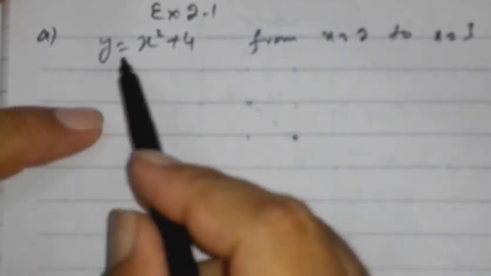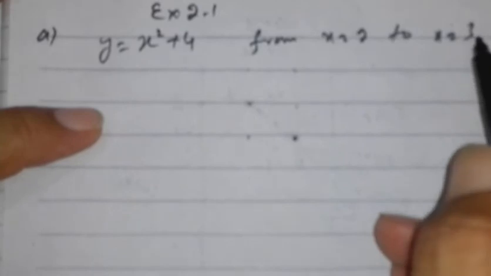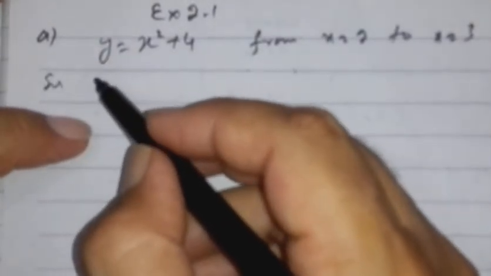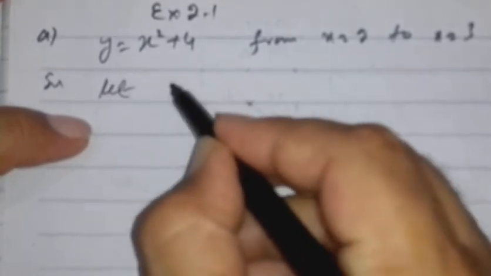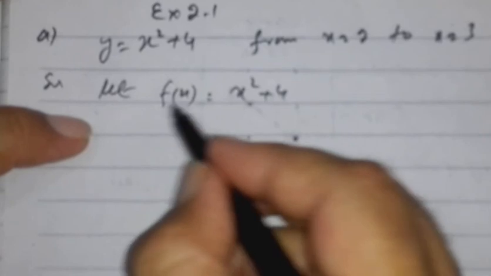Exercise 2.1. Find the average rate of change of the following functions over the indicated interval. y equals x square plus 4 from x equals 2 to x equals 3. So solution, let f of x equals x square plus 4.